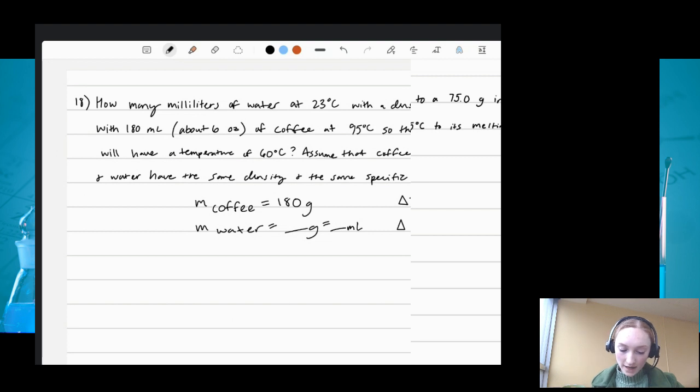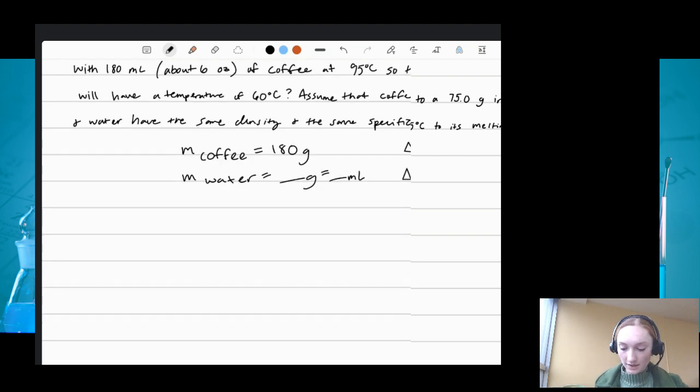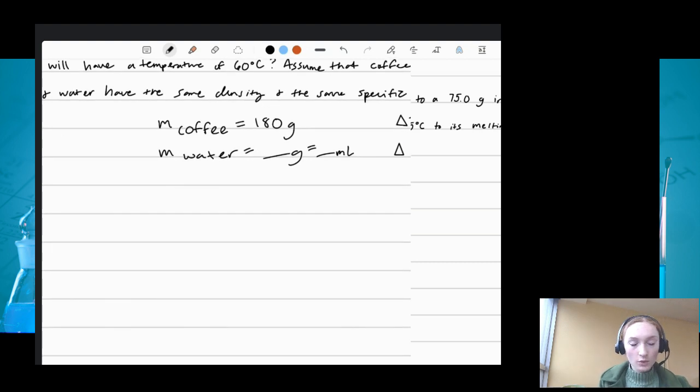And so it looks like we have everything out of the way in terms of writing down all of what we have from the problem. So let's write down what we would need to set up the equation. In order for energy to be conserved, we have to set these two different energy values to 0 because they are transferring the energy to themselves.